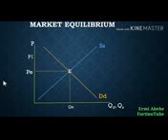So at this price, as you can see, we have this horizontal line. The horizontal line is drawn in order to get quantity supplied: we draw it to the supply blue line.